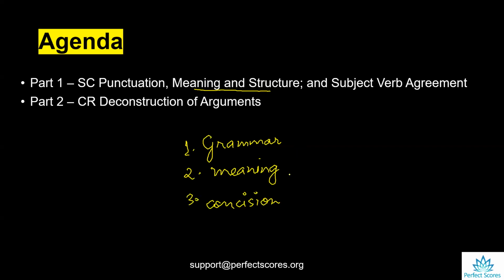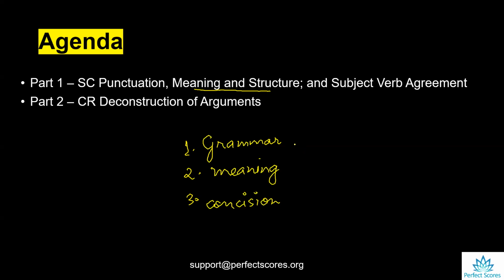So if you look at 5 options, you need to first eliminate the wrong options on the basis of some grammar rules. If you're left with a few options that are all grammatically correct, then you look at the meaning. And even then, if you're left with options that are grammatically correct and mean the same, then you look at concision. It's not in any other order.